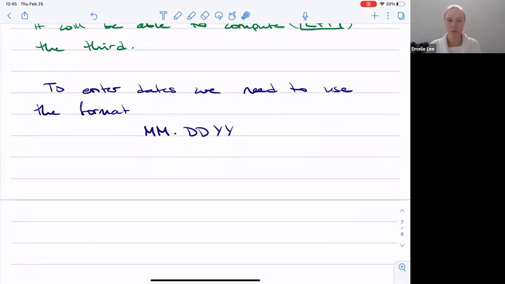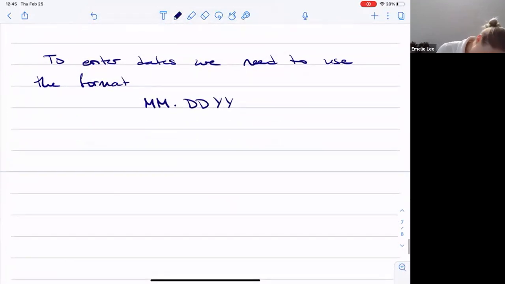so we need to use this format, right? That means that when I give you a date, you'll need to convert it to this format. And then in order for it to lock in, you need to hit enter, okay?